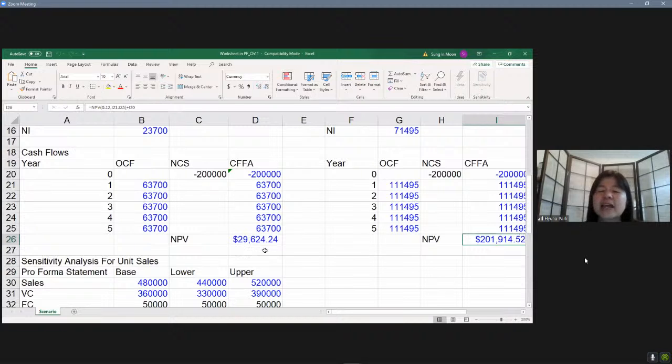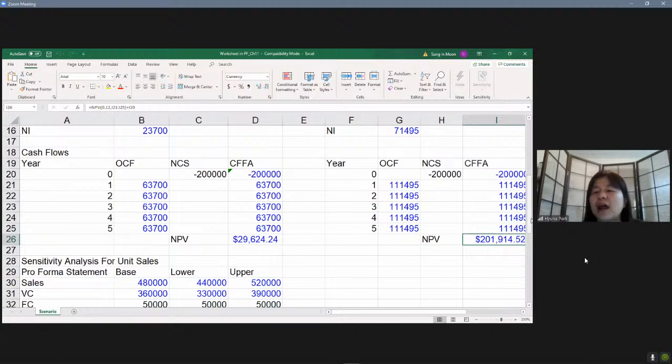In the base case scenario, NPV was about $30,000, but in the best case scenario, NPV is over $200,000. So this looks like a very risky project: the variability is very high, the stake is high, and the potential reward is high.